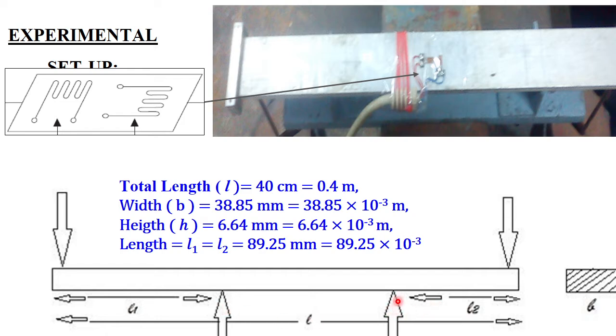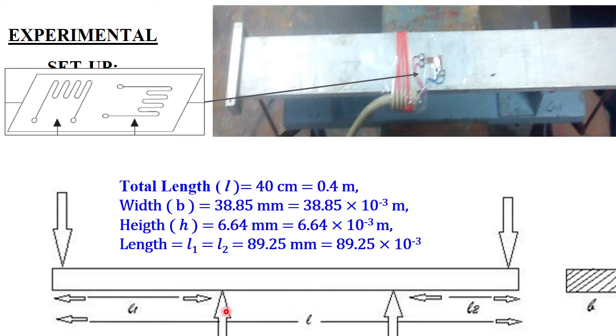What we get here is a moment at this point, which is basically the force applied at the end point multiplied by this overhang length. And for the purpose of the experiment, this beam is kept such that these two lengths L1 and L2 are identical. So the moment which is created at this point and at this point are identical.